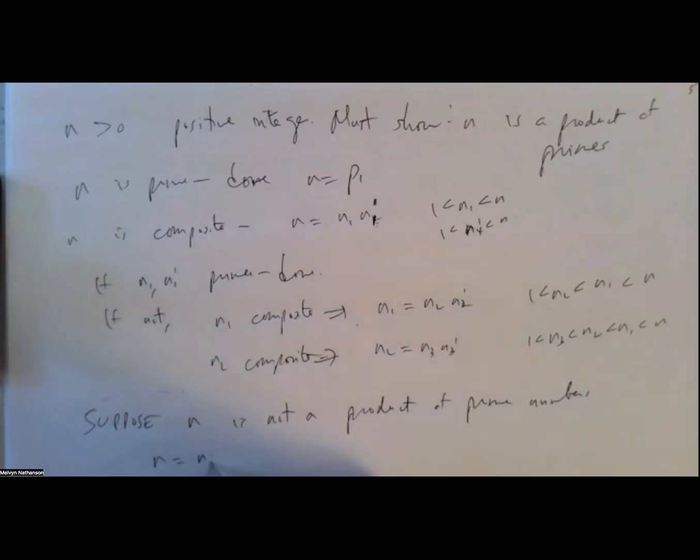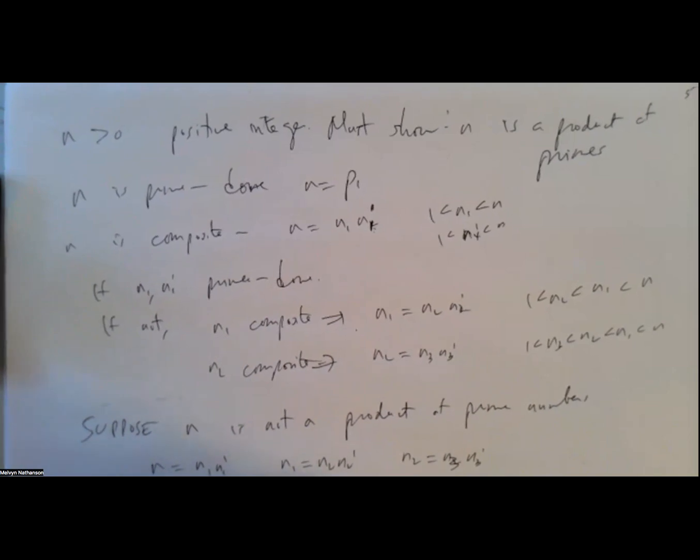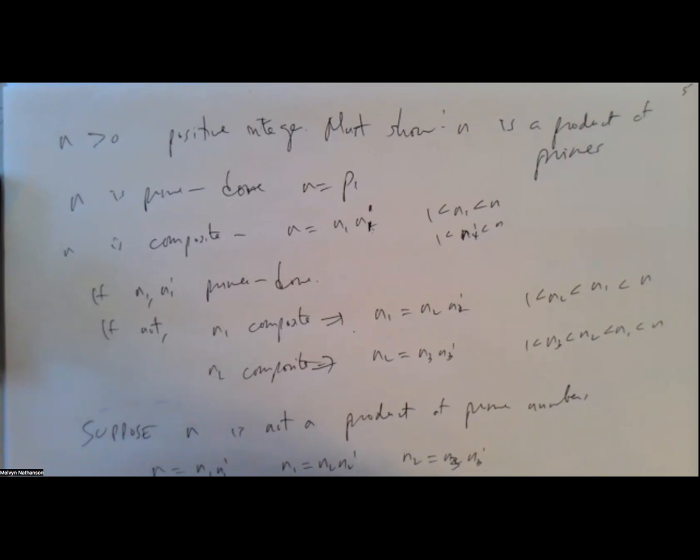So you can write n as n1 times n1 prime. It factors, and at least one of these numbers is composite. Say n1. But if n1 is composite, you can factor it. And if this is a product of prime numbers, you're done. Otherwise, n2 is composite, so n2 factors. And you can continue this process of factoring, and you generate some sequence of positive integers which is strictly decreasing.